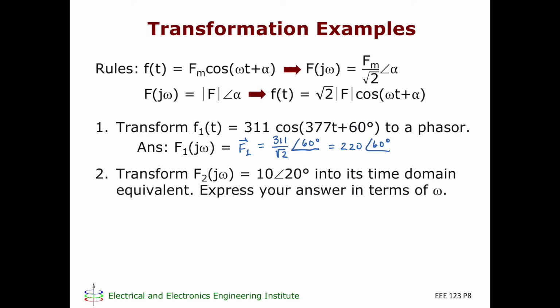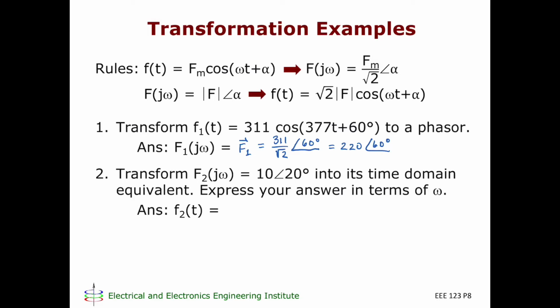Let's say I had the phasor f2 of j omega, which is equal to 10 at an angle of 20 degrees. What is its time domain equivalent? Here, omega is not specified. Remember, we said that omega is implied, so we have to express our answer in terms of omega. So what is f2 of t? The amplitude of my time domain function is the square root of 2 times the magnitude of my phasor, because the magnitude of my phasor is RMS.